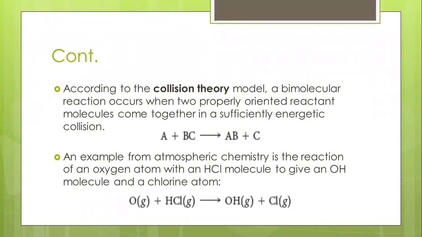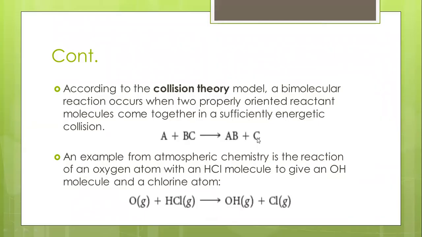To be specific, let's consider one of the simplest possible reactions, the reaction of an atom A with a diatomic molecule BC to give a diatomic molecule AB and an atom C. As shown in this diagram, A plus BC react and form AB plus C as an atom.